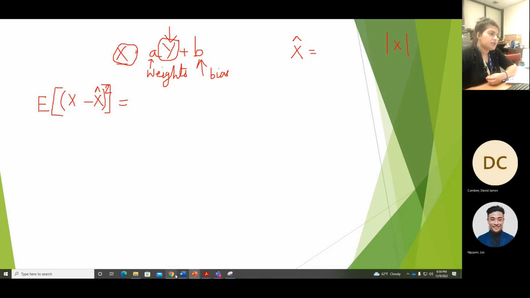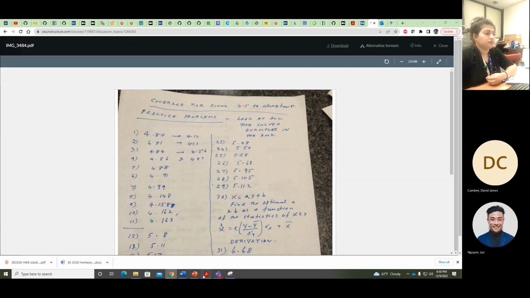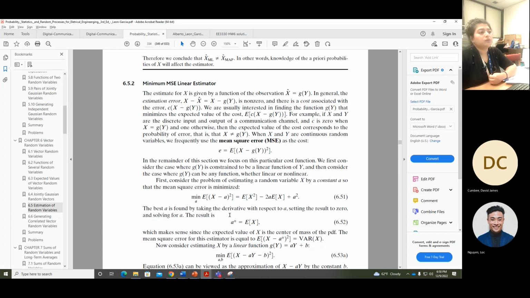Now, sorry, back to our book. So now what do we do? We minimize it. Why do we minimize it? Well, the point is that we have to reach as close as possible by reducing the error. So what do you write in mathematical terms in terms of error, or E?